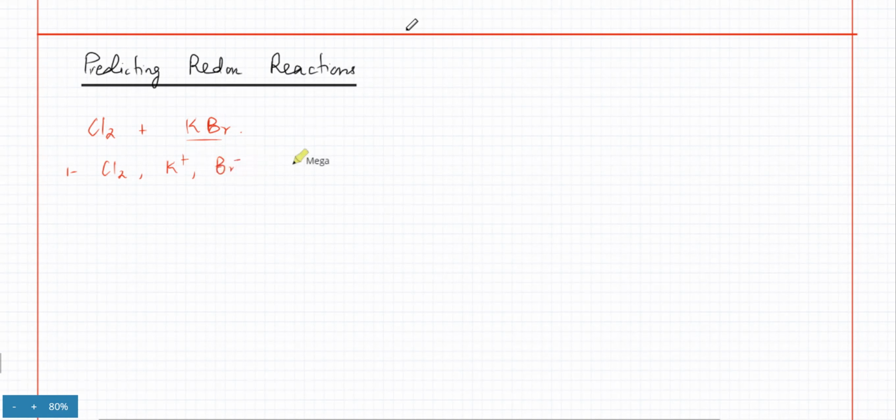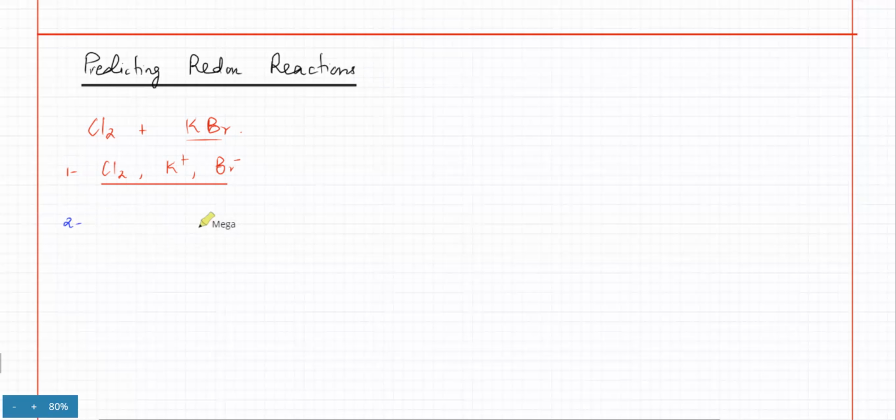So these are my three species, and one of these three is going to gain electrons, and one is going to lose electrons. Step number two is you open the data booklet and write down all electrode reactions involving these three, whether they're gaining electrons or losing electrons.